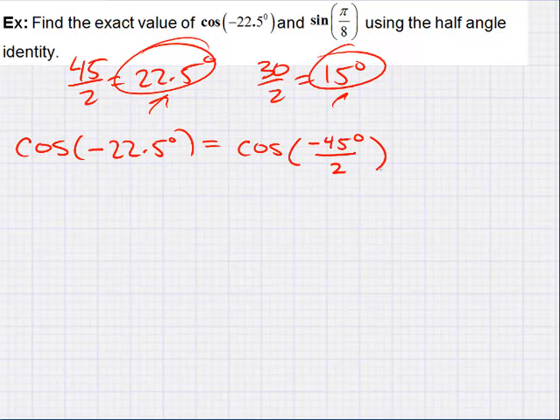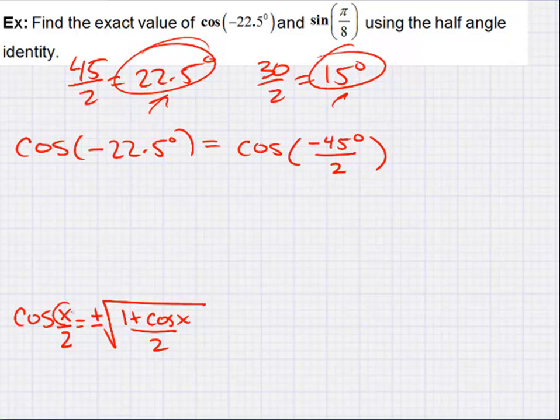Well, if you think about the half angle identity for cosine, we just said cosine of x over 2 is equal to plus or minus the square root of 1 plus cosine x over 2. So, x in this case is negative 45. So this should be equal to plus or minus.